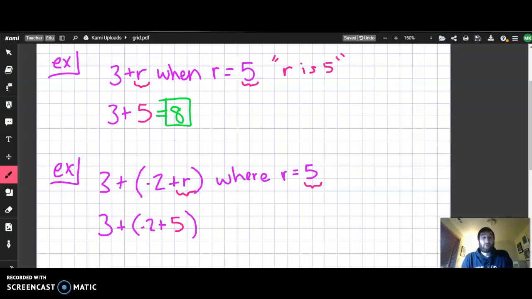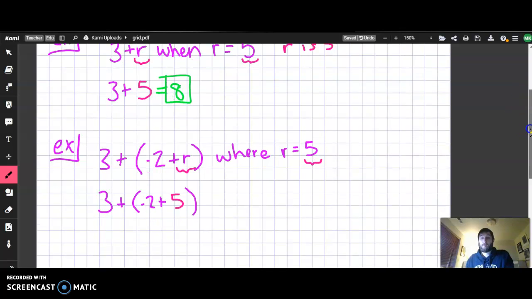What's next is we focus on simplifying the parentheses first. We take care of all of our addition and subtraction that we can within our parentheses, combine that as much as we can, and then we look for our other operations.